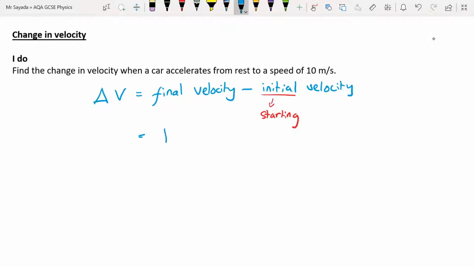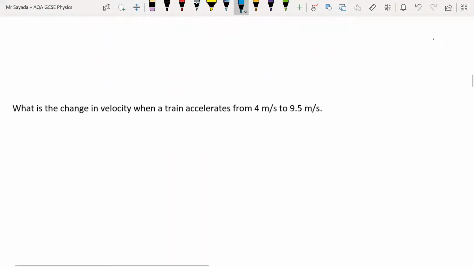So the final velocity is 10, and the starting velocity from rest is 0. Therefore, the change in velocity is 10, don't forget units, meters per second. So the change in velocity is the final velocity minus the initial velocity, 10 minus 0, which is 10 meters per second.